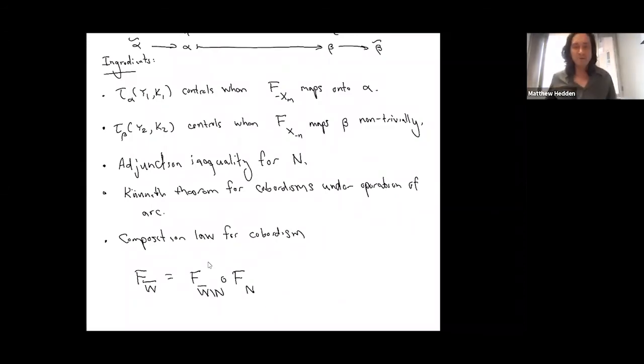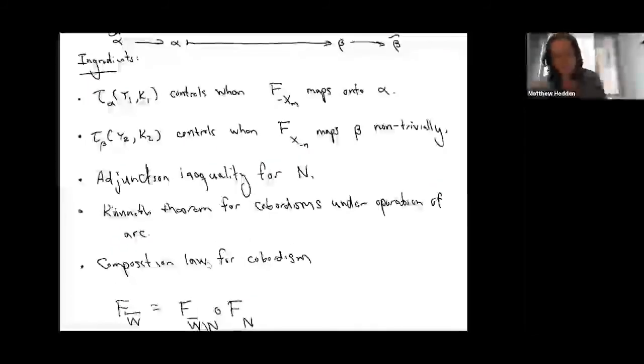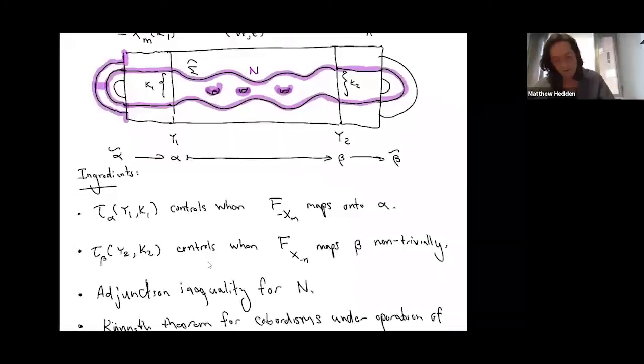Okay, and so using that together with this vanishing result or adjunction inequality for the cobordism N allows us to arrive at the stated inequality, with the key feature being, how do these Chern class evaluations decompose when I look at this extended cobordism?